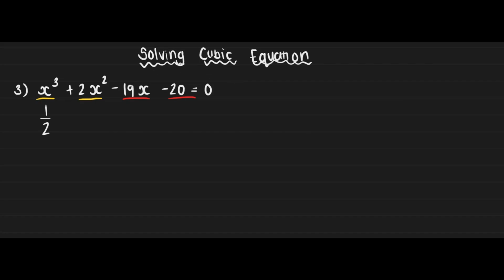Then the coefficient of x is 19 and the constant is 20. What do we see? We see the fact that these are not equal to each other. So now we're going to use the method called synthetic division.